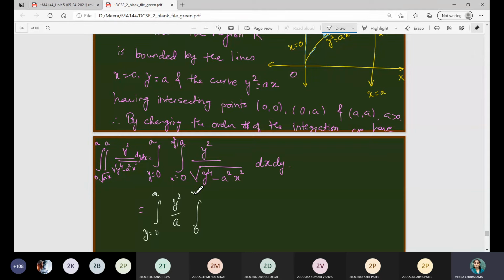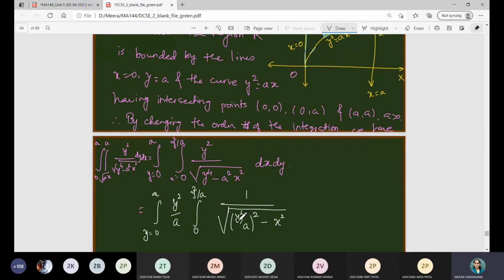0 to y square by a is the given limit, and it is 1 upon now square root of y square upon a square minus x square. So this is the standard form whose integration formula is known to you.